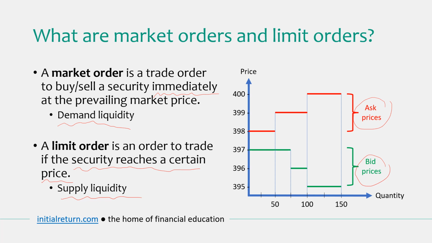So these are the prices that traders are willing to sell the stock at, for certain quantities. For example, there are 50 shares available at this price, another additional 50 shares available at this price, and then an additional 50 shares available at this price. So this is the sell side of the market.